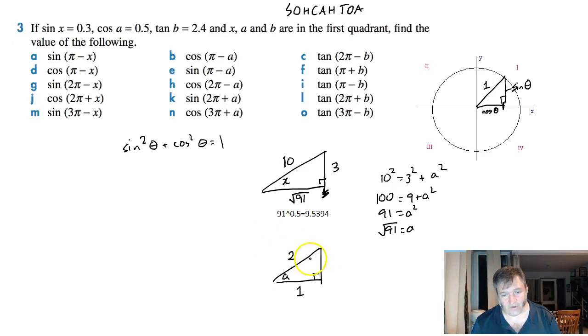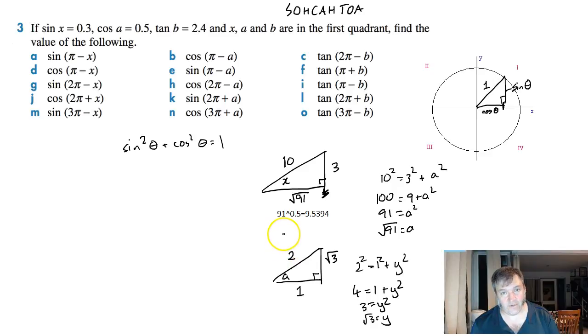If we stick it into Pythagoras' theorem, let's call this one y: 4 equals 1 plus y squared, 3 equals y squared, and root 3 equals y. And we already knew that as well, so we can now replace that side there, the y, with root 3.